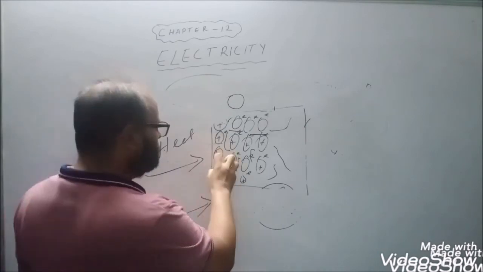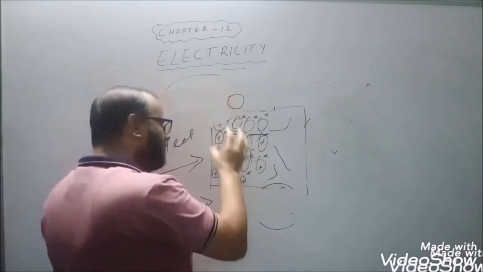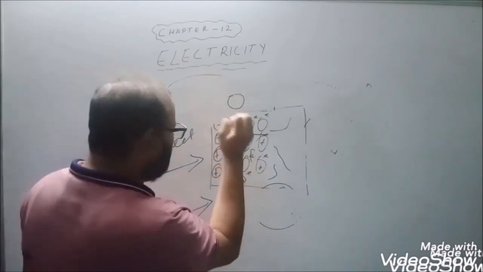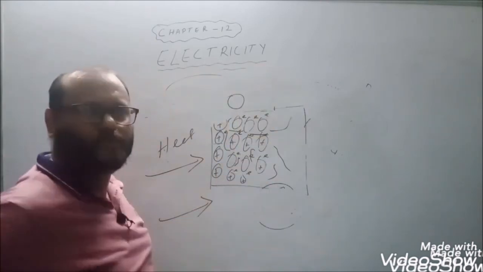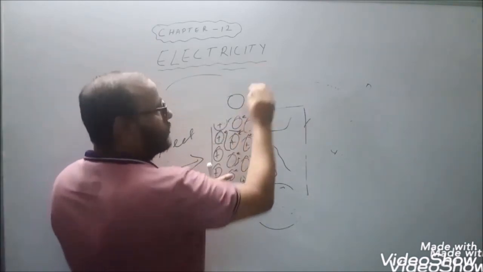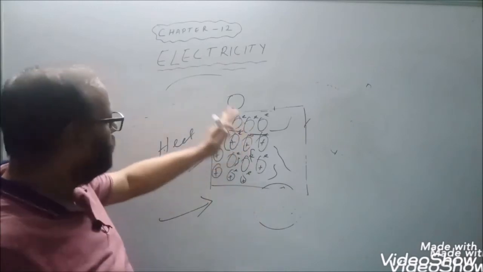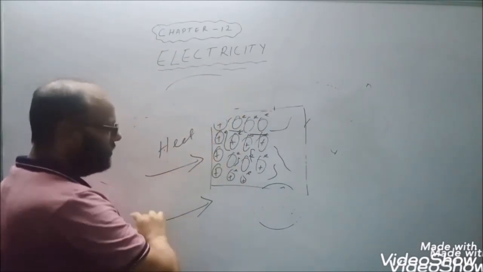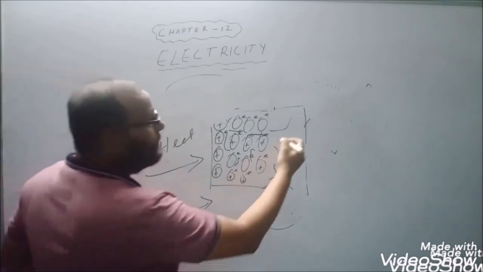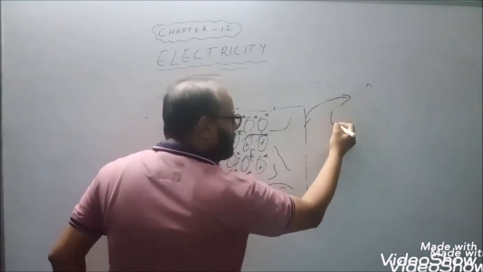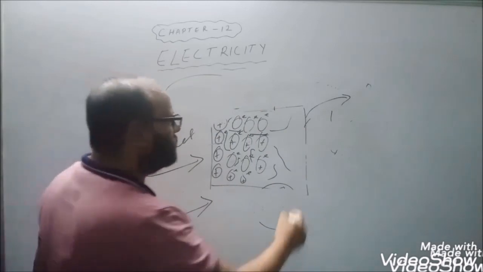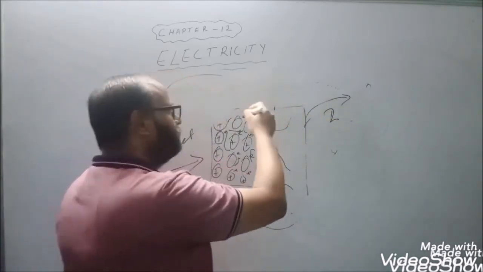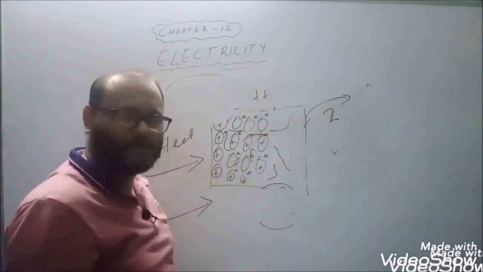Since the number of electrons and protons are still the same, because they are still bound by an electrostatic force of attraction which does not allow the electrons to go out. Therefore, it is net 0. But the moment you apply heat or friction, electrons move out. If it is 1 electron, it is positively charged. 2 electrons, double positively charged, twice the positive charge.